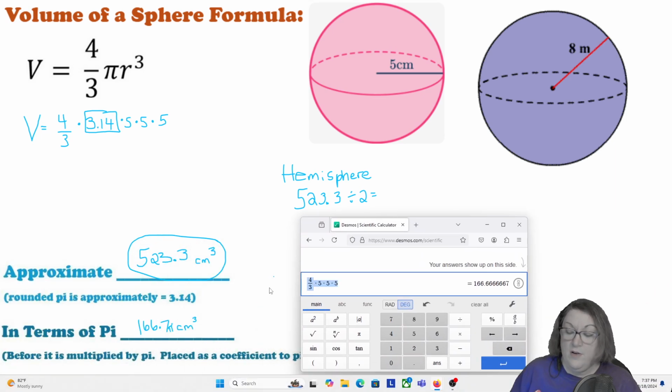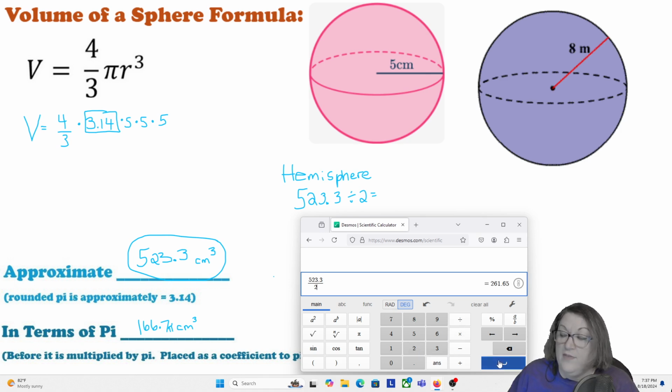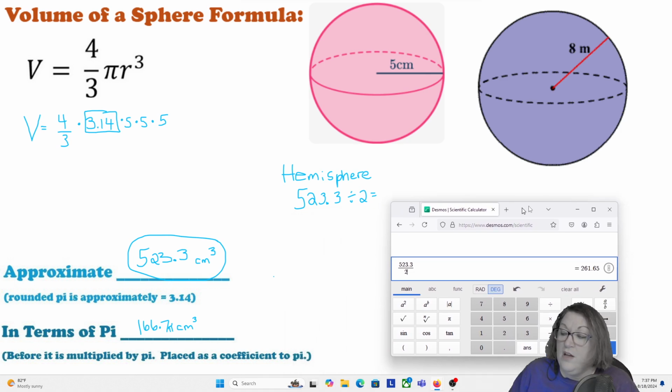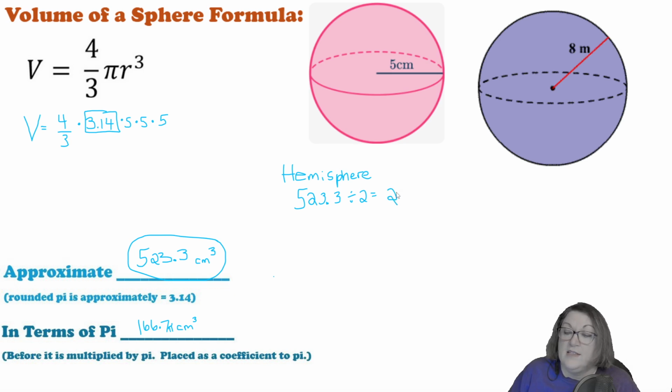Let's clear it out. 523.3, and we're going to divide that by 2, and that's going to give us 261.65, and that 5 is going to make us round that up to the nearest tenth, which is a 7 instead of a 6. So our answer would be 261.7. Oh, my 7's weird. Centimeters cubed. Okay, so that's the volume of half of the pink sphere.